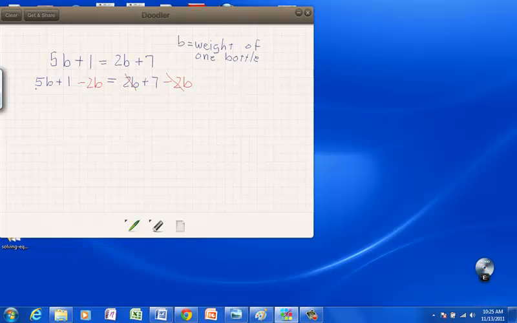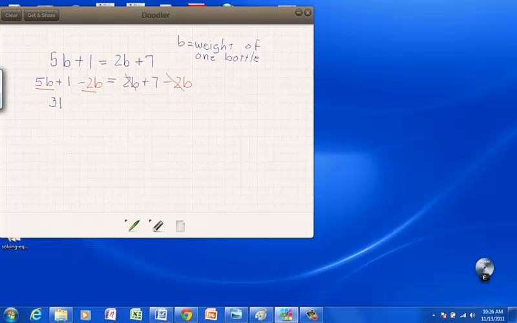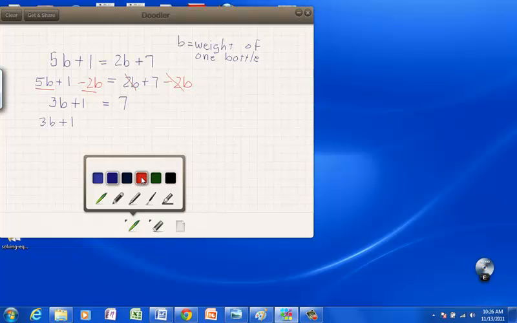Combining like terms, we have 5B minus 2B is 3B plus 1 equals, those went to 0, 7. So the next thing is still to try and get B by itself, and we subtracted that 1 gram weight from both sides. And we can do the same thing with algebra.